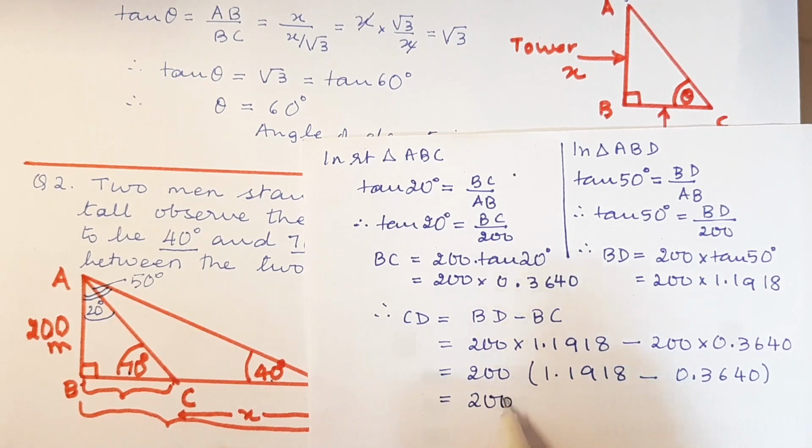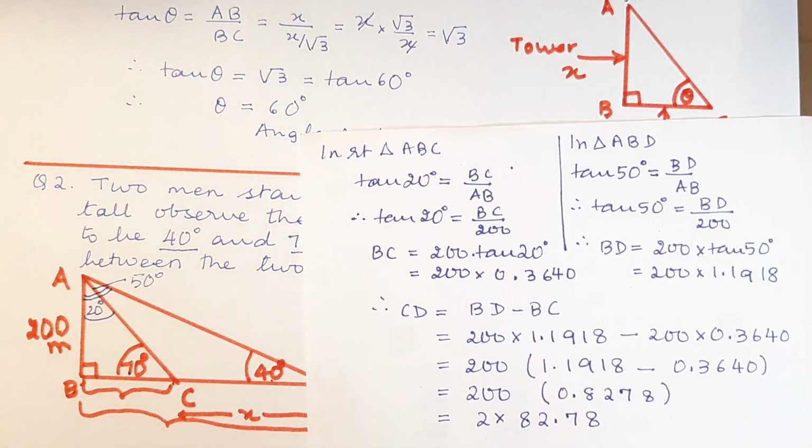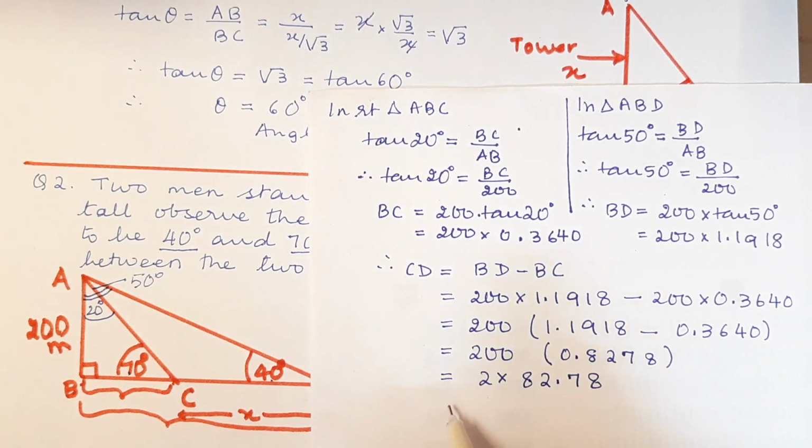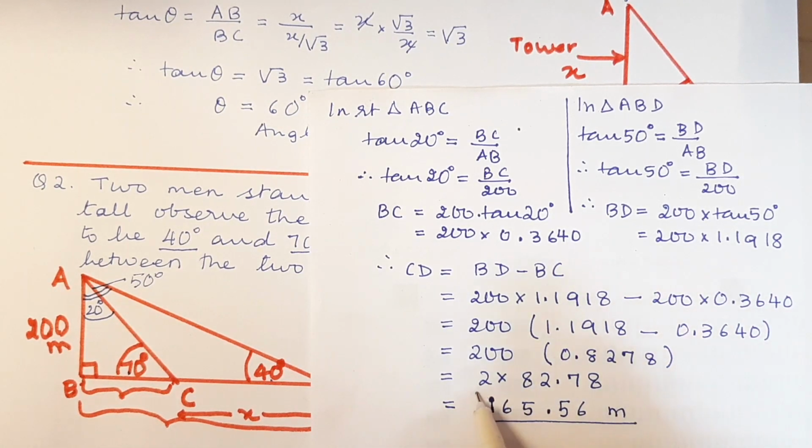We subtract this and we get 0.8278. That gives us 2 multiplied by, I'll use these 2 zeros to shift the decimal point, so 82.78, and that would give us 165.56, those many meters, and that is the distance between the two men, and that is our answer.